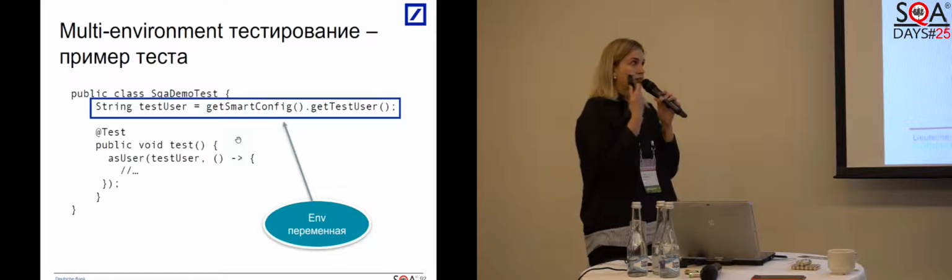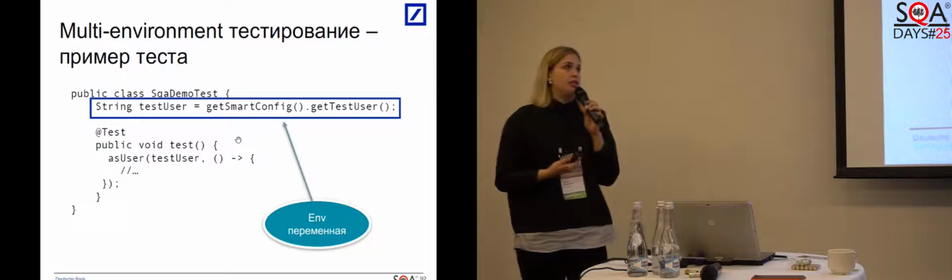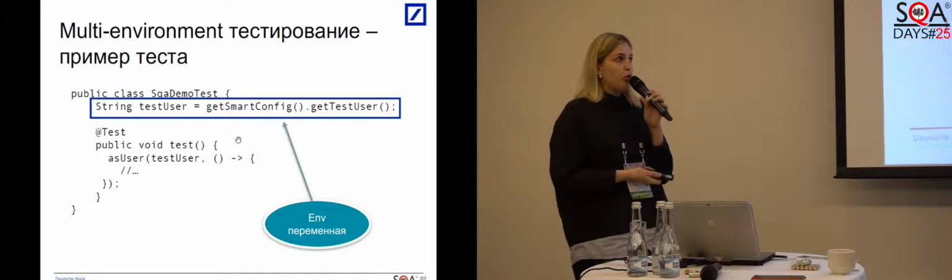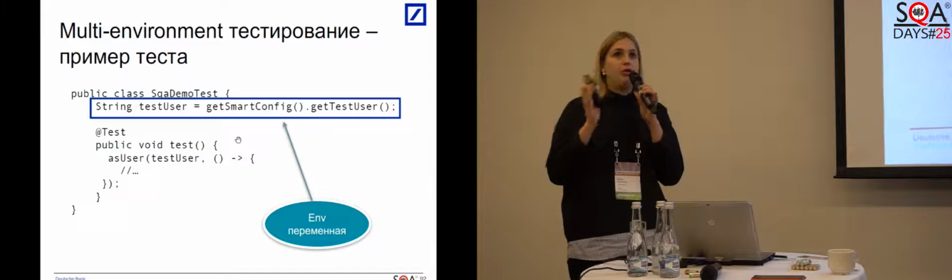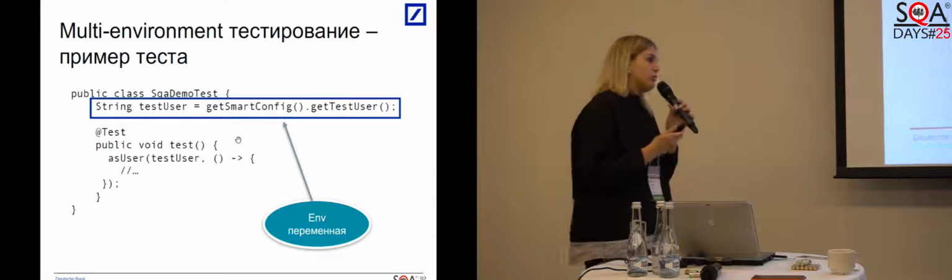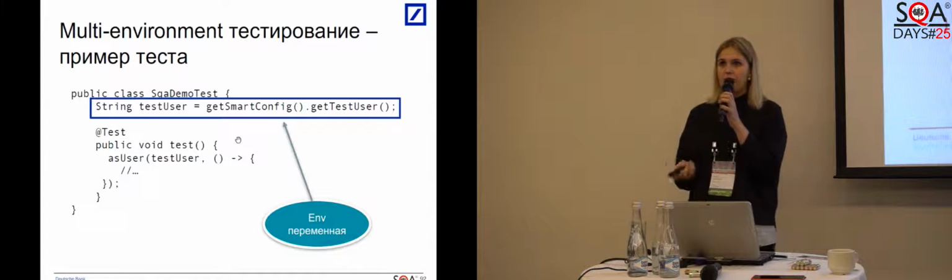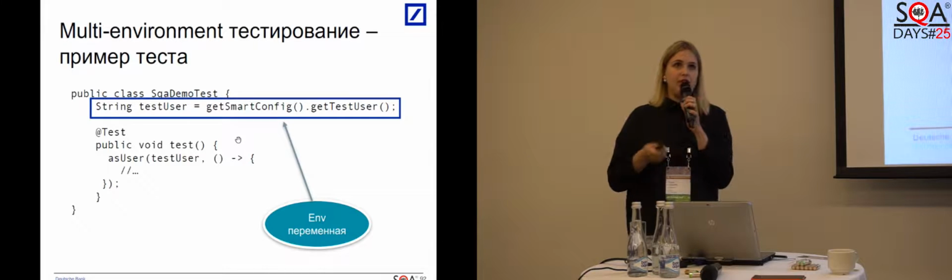So get URL and get users in tests. Then you don't have to use specific data, you just use your getters that are used according to environment variables.